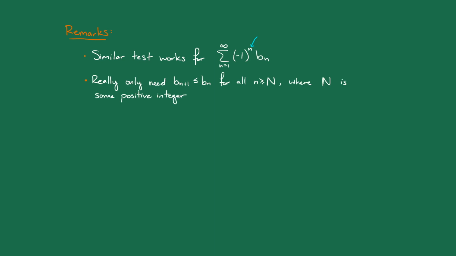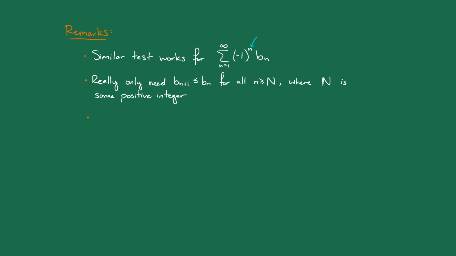This is because if the b_n's are eventually decreasing, then we can rip off the finitely many terms at the beginning before the b_n's are decreasing and get a series that converges by the alternating series test, and then we can add back on the terms that we ripped off. Since adding finitely many terms to a series doesn't change whether or not it converges, our original series converges as well.